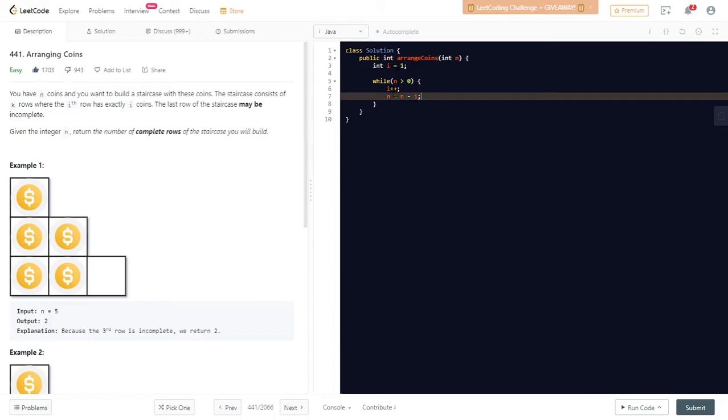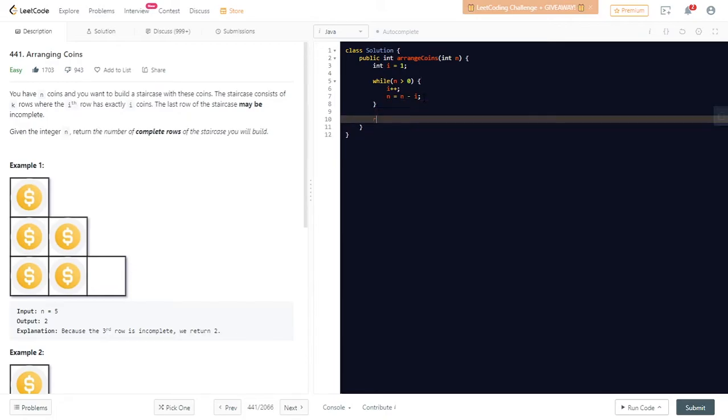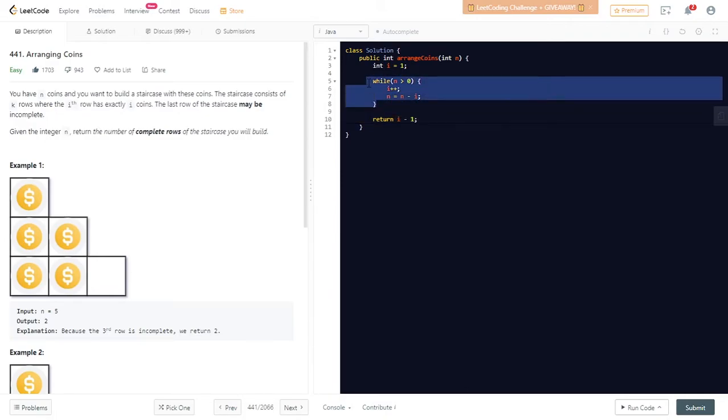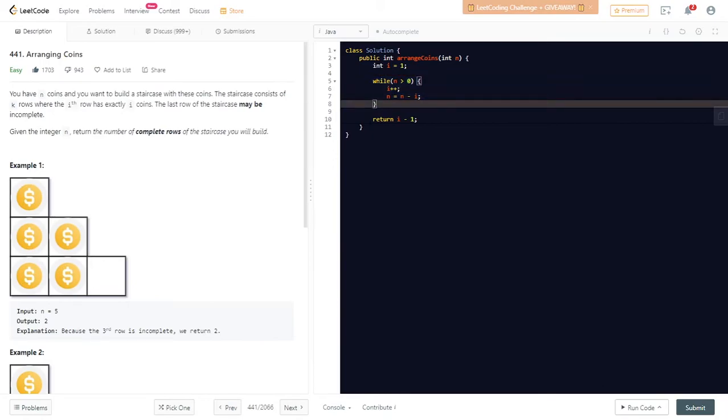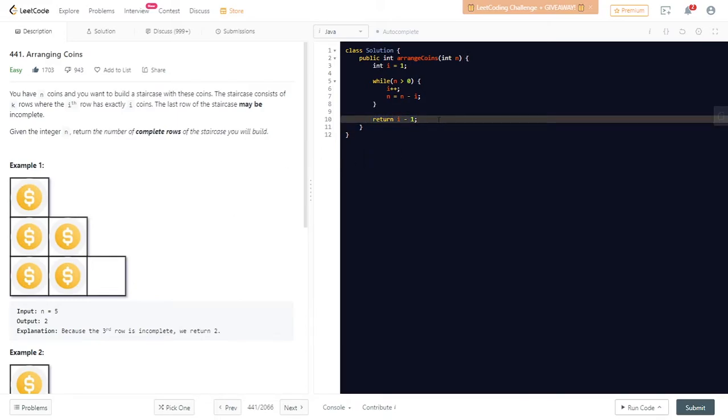So this corresponds to the number of rows we are filling, and we would be returning i minus 1. Since the ith row has already been fulfilled in this while loop, we are returning the number of rows minus the last row it has totally filled.